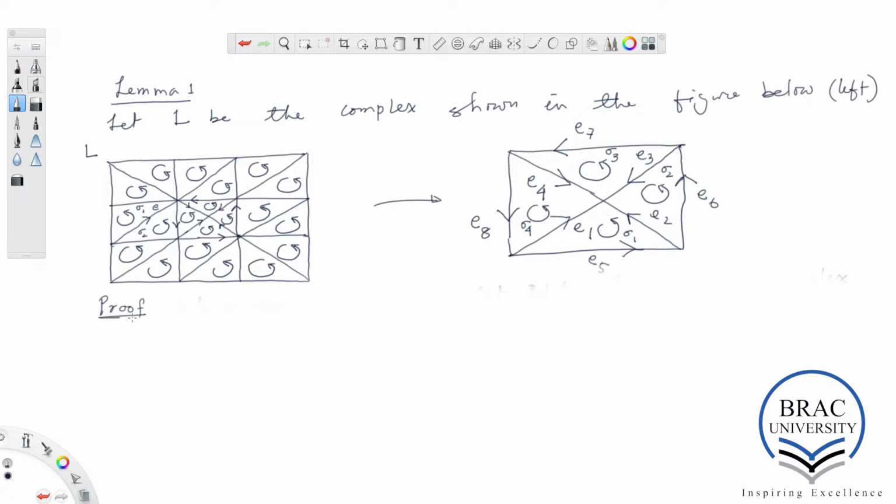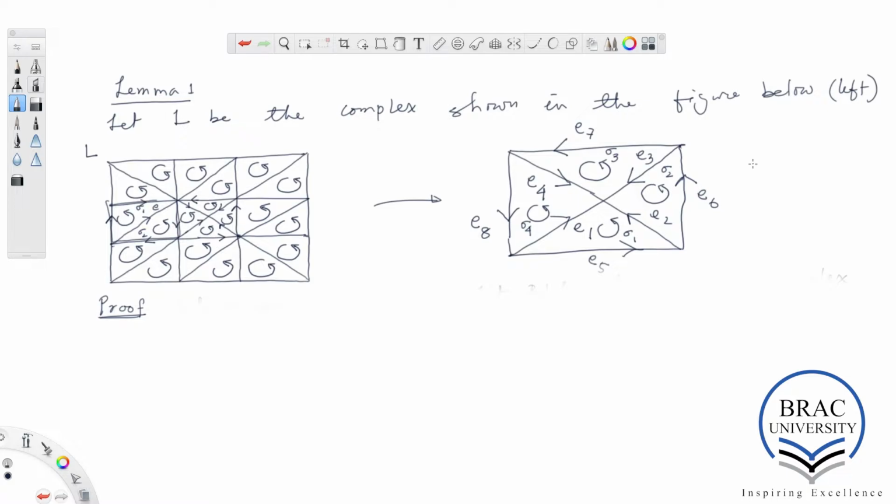So we are going to prove the second statement first, okay? And so let us zoom in on the left rectangle in the complex L, this one, and we can do the orientation arbitrarily this way, okay?